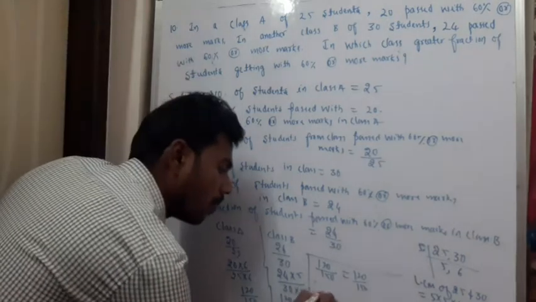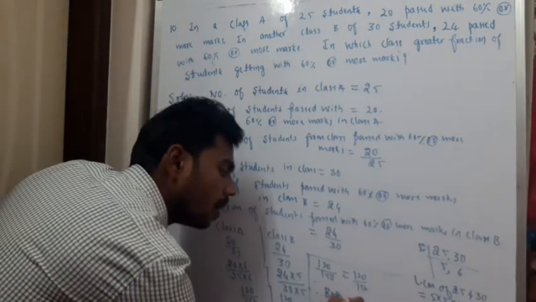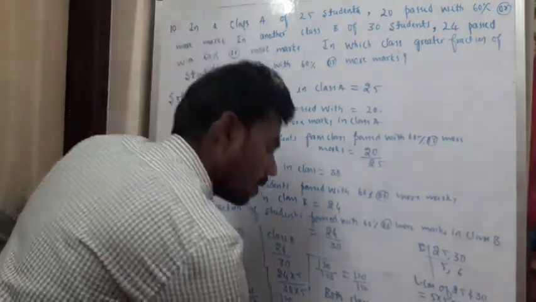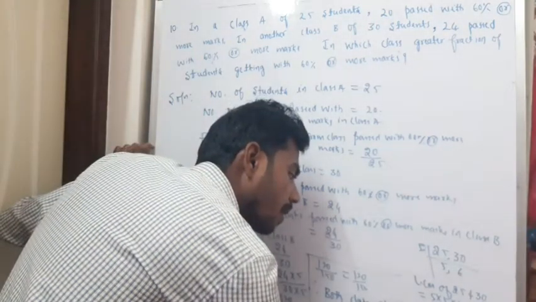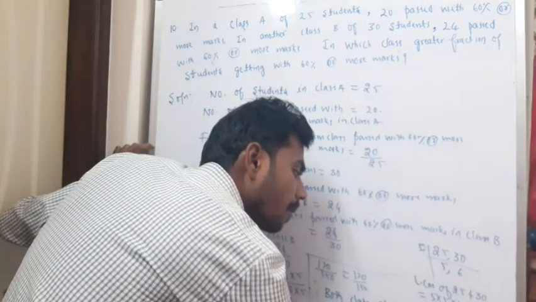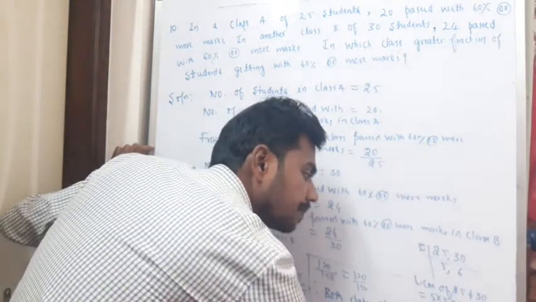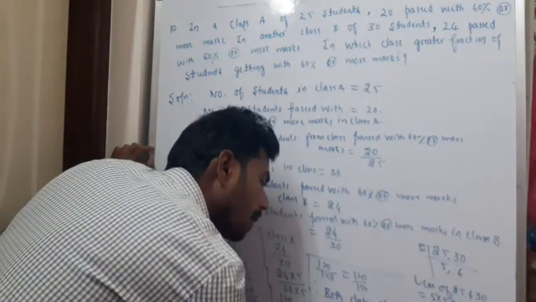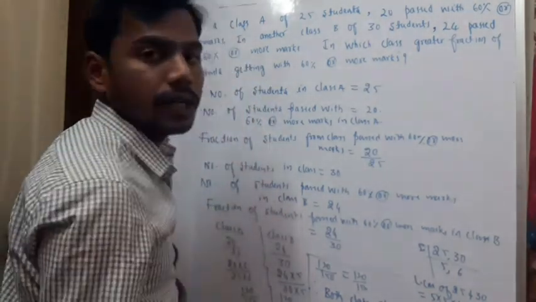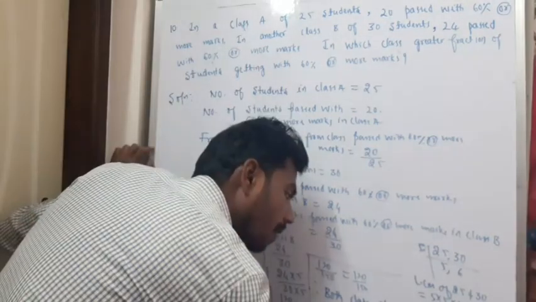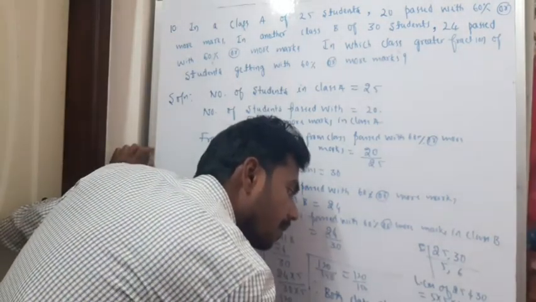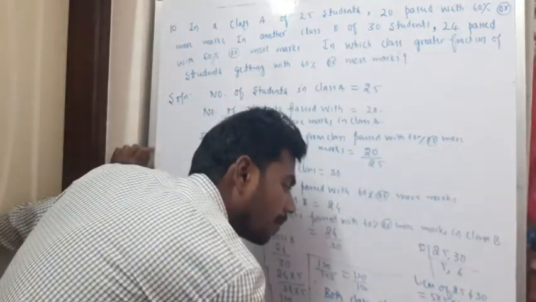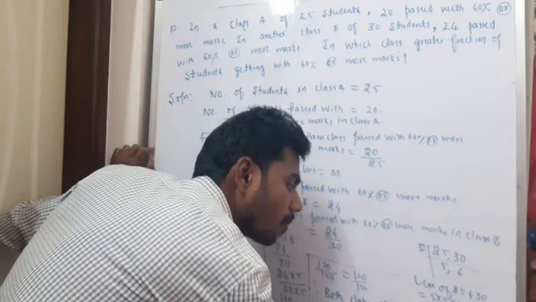So therefore both the class students got equal fraction of students passed with 60% or more marks.